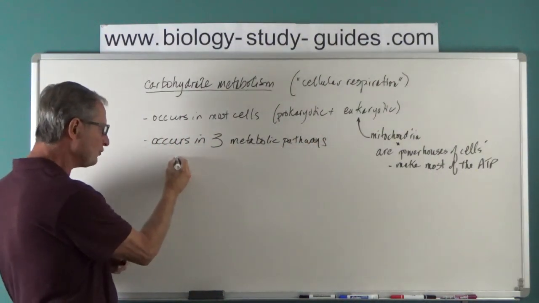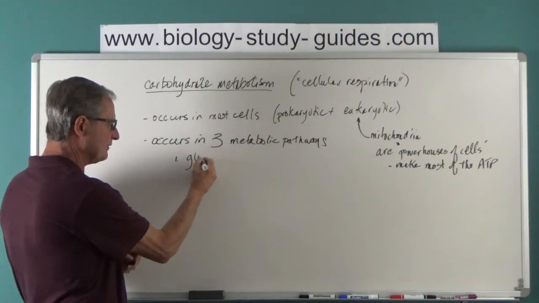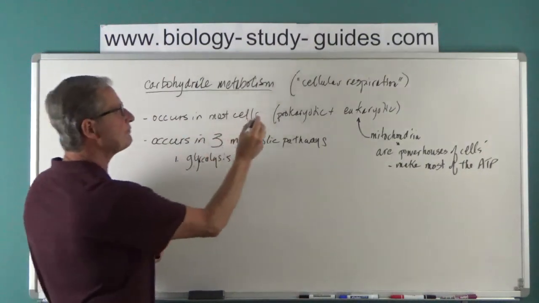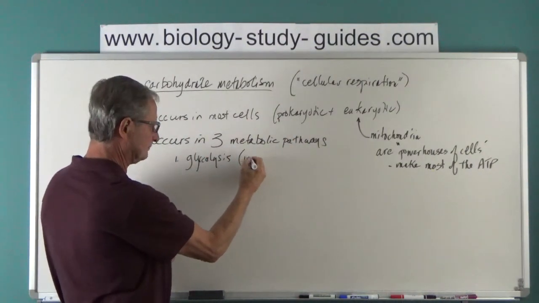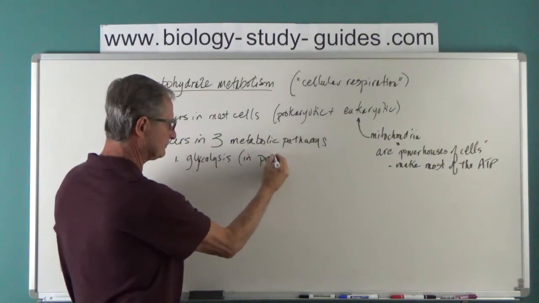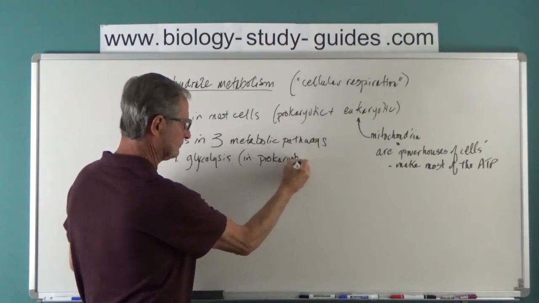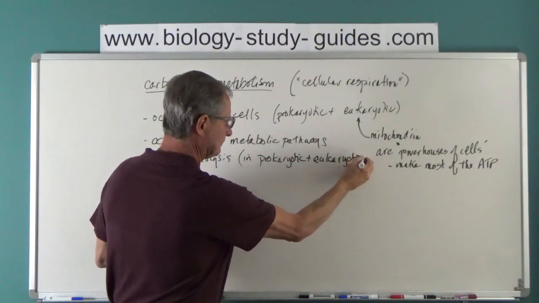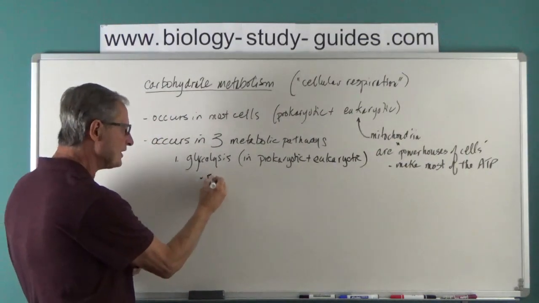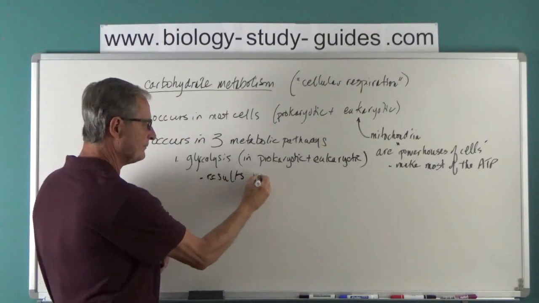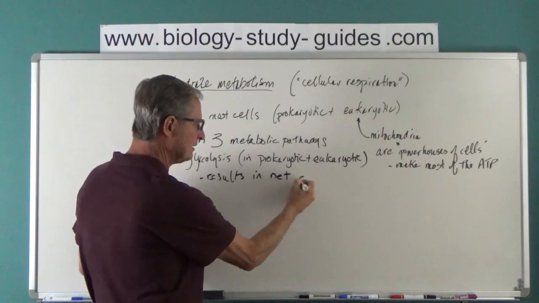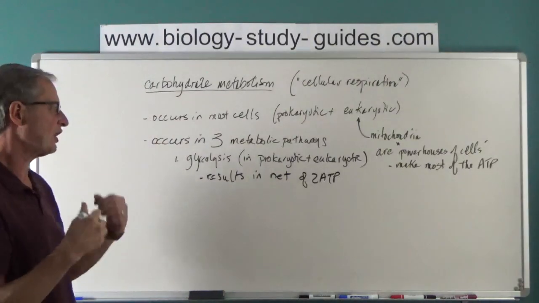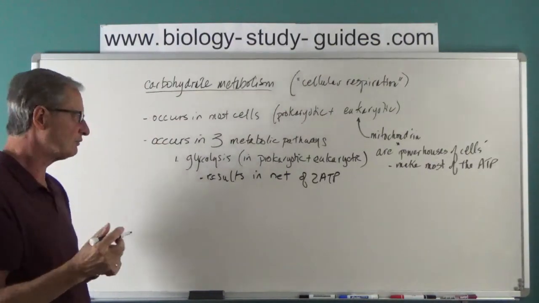Three of them. The first one is called glycolysis. Glycolysis occurs in both of those. Glycolysis results in a net production of 2 ATP. 2 molecules of ATP is all that can be produced from 1 molecule of glucose.